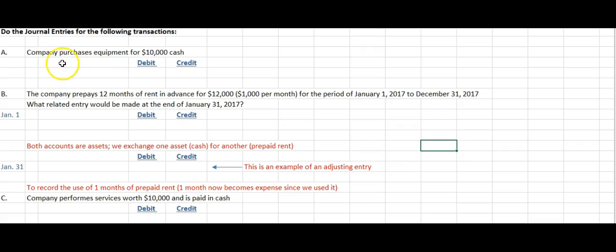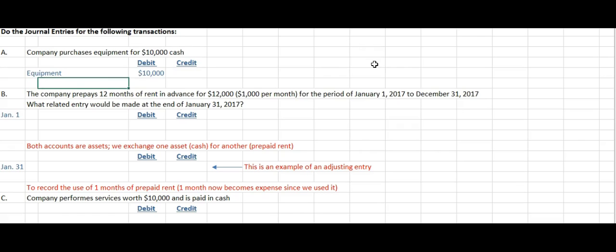It says company purchases equipment for $10,000 cash. Okay, so what's the entry that we're going to do there? There's no expense here. You're simply exchanging one asset for another, right? The asset that you're going to get is equipment, and equipment is going to be worth $10,000.